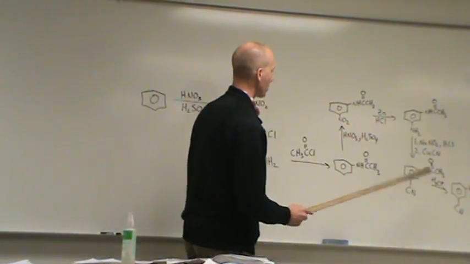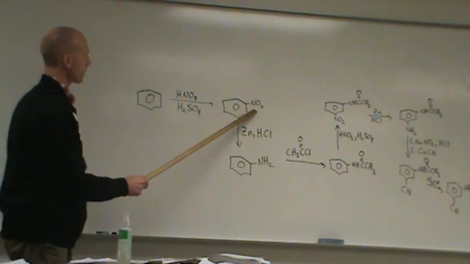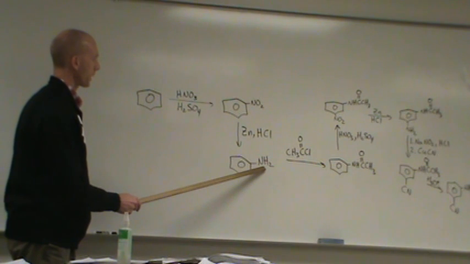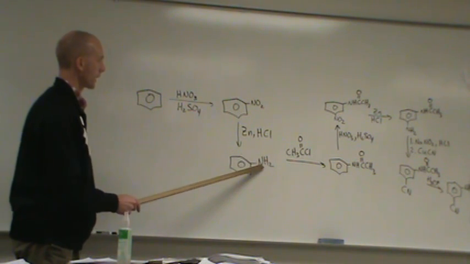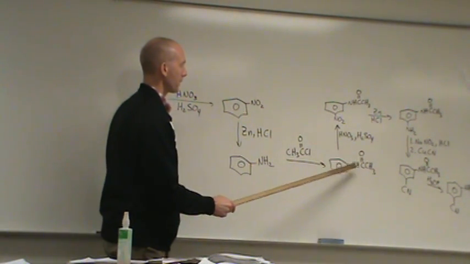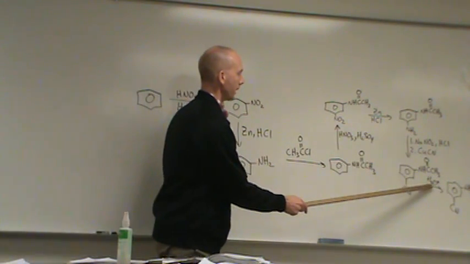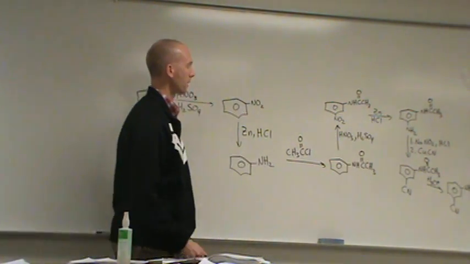Okay, so just follow me here. So I put on the nitro, then convert to NH2. Okay, and then I'm going to block that amine by putting on an acyl group, make that an amide linkage. I can always convert it back through deacylation to get it back.